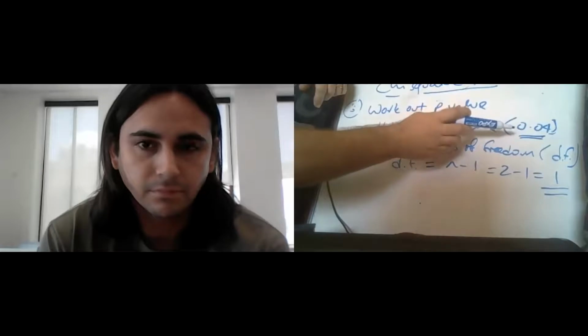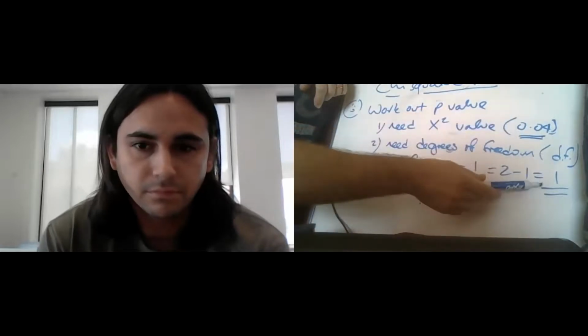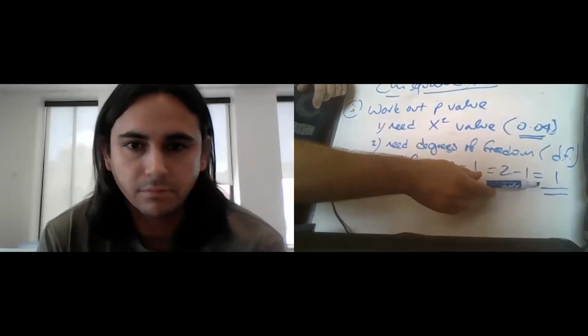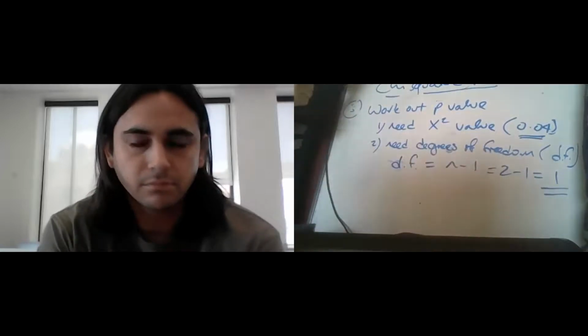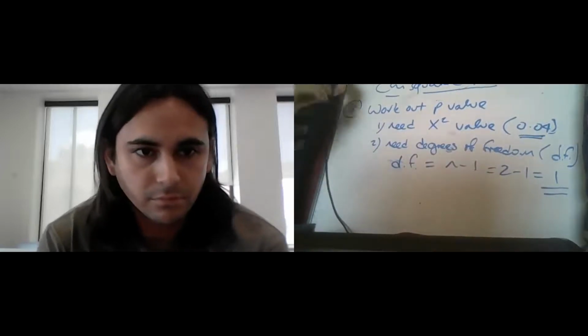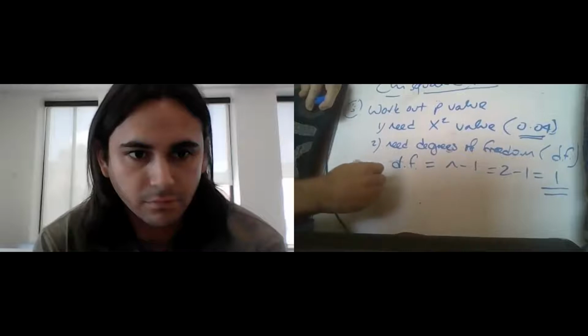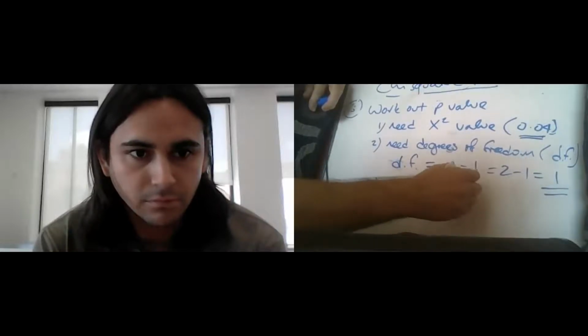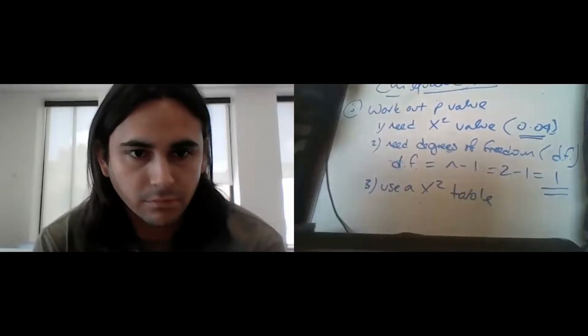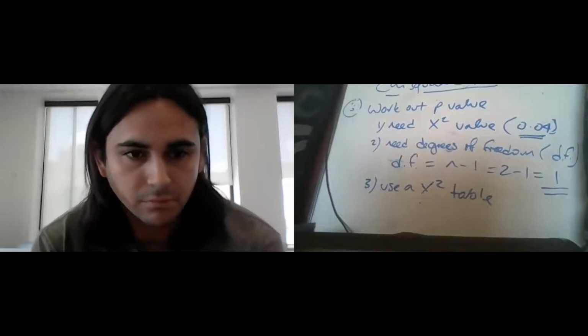This piece of information, the chi-squared value, and this piece of information, the degrees of freedom, are what we need to work out the p-value. And then you use a chi-square table, because I can tell you, I'm pretty sure that this isn't significant, because it's a very small difference.